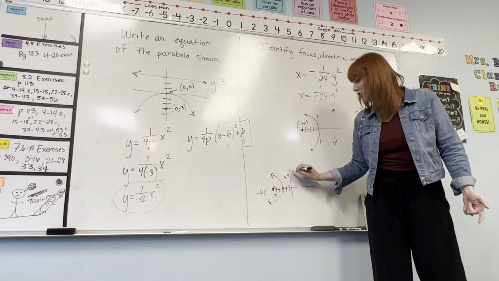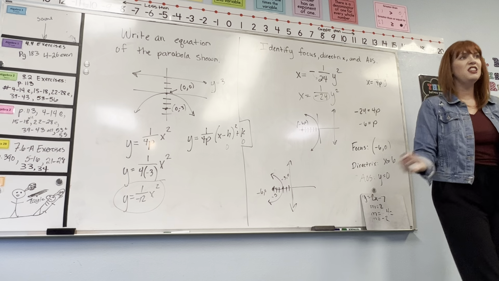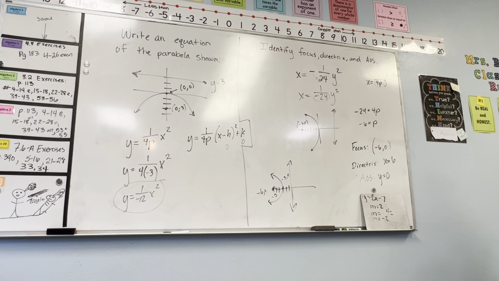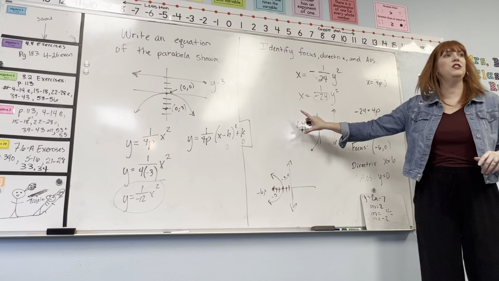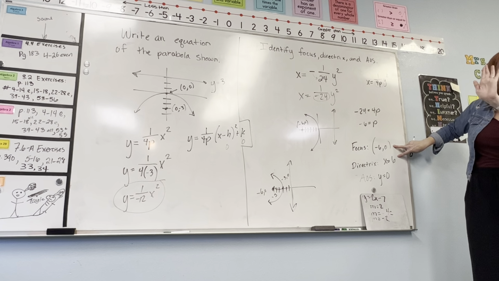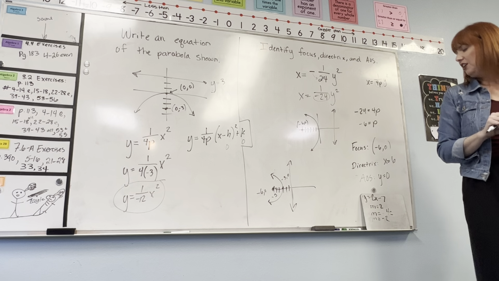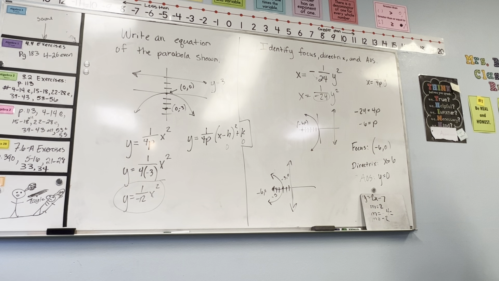And then the directrix would actually be here, right? Exactly. So don't let that fool you. If the vertex was moved, these won't be exactly opposites of each other. They're going to be proportional. Yes, good.